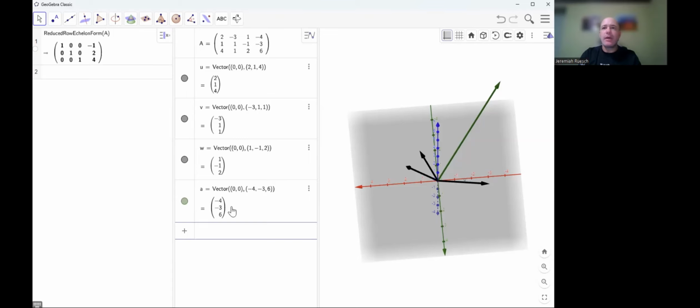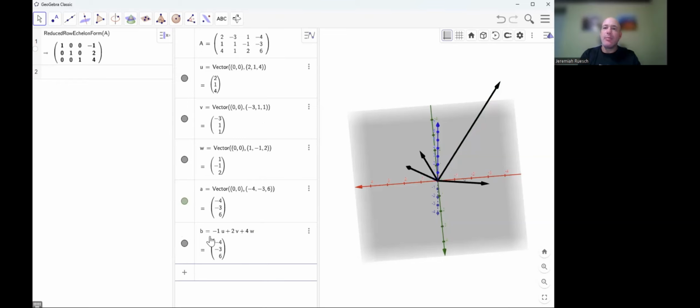So if I multiply 1 times our first column, which was U, then I add to that 2 times our second column, which is V, plus 4 times our third column, W. Okay, what you should see, sorry, that should be a negative 1 times U. So that combination of vectors should give us back exactly what you see here.